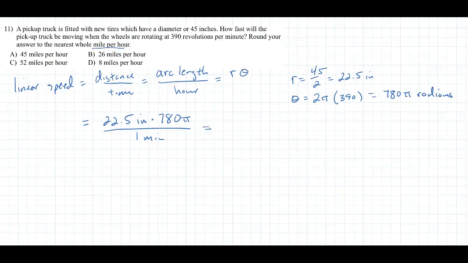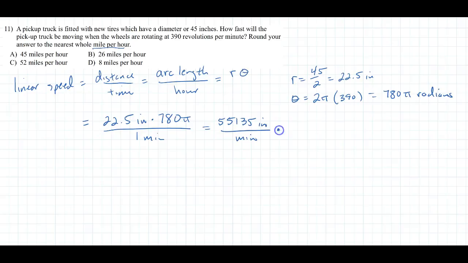So when I multiply this out, I get 780 times 22.5 times pi, and I get 55,135 inches per minute. But we don't want to be in inches per minute, we want to be in miles per hour, so we have to do some conversions.